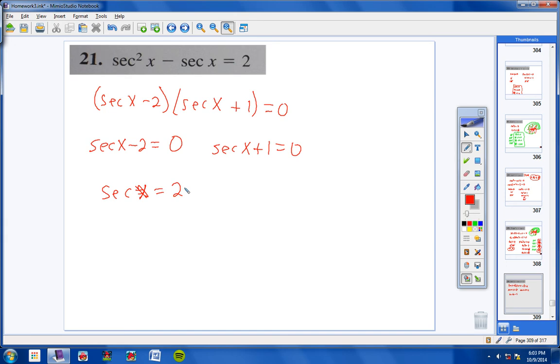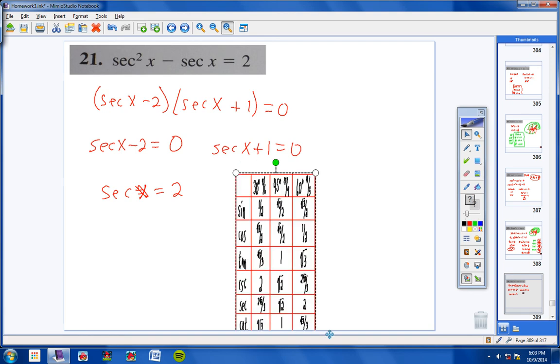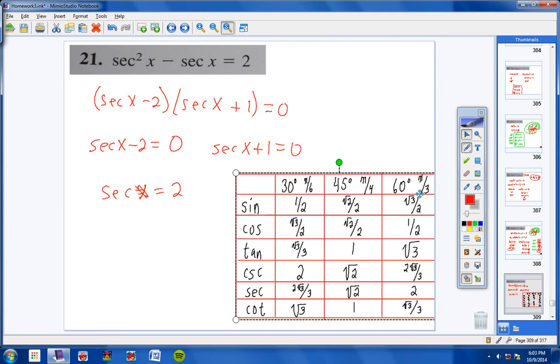Now we're looking for angles that when we take the secant of those angles, we get 2. And let's see what we can come up with here. Let's look at our list here. Okay, secant of 60 is 2, okay?